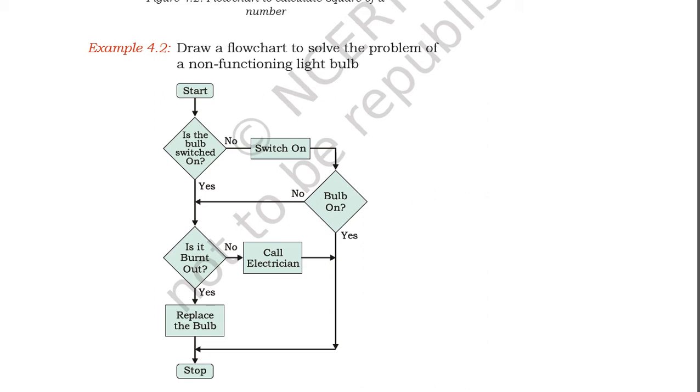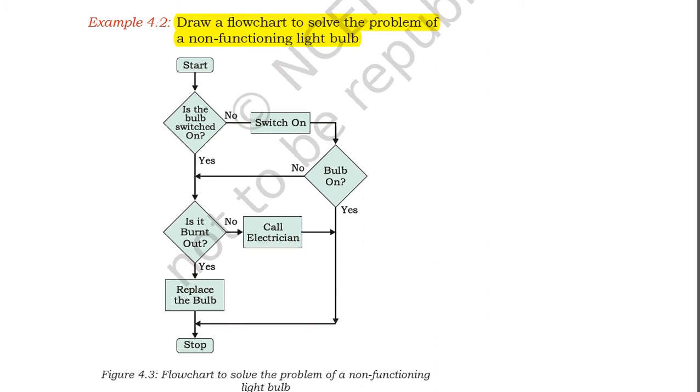So I will start here today with drawing a flowchart. How to draw a flowchart to solve the problem of a non-functioning light bulb. Now see, this is a pictorial representation of an algorithm. The first point here is start.